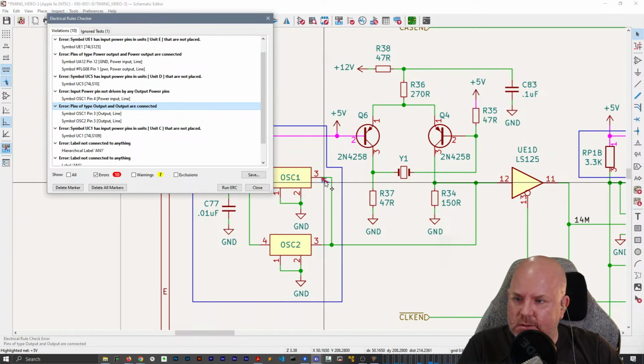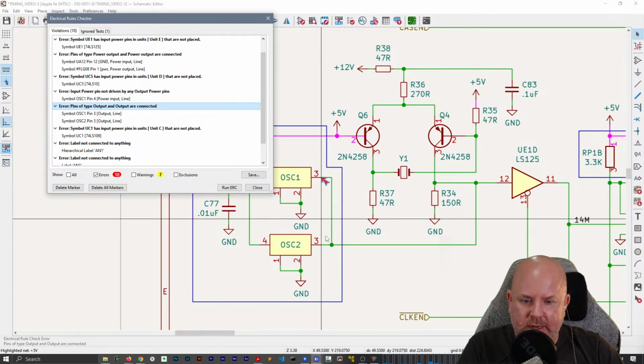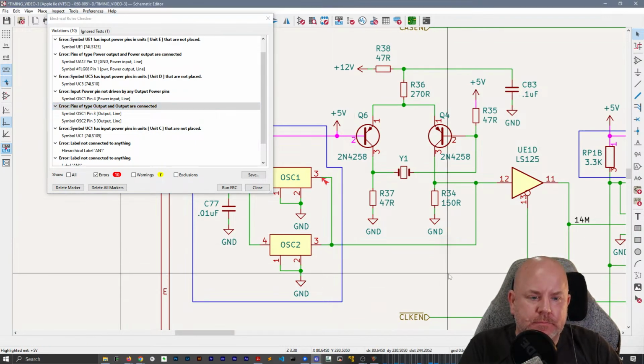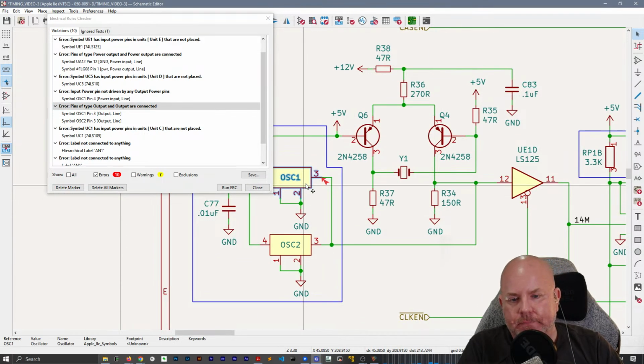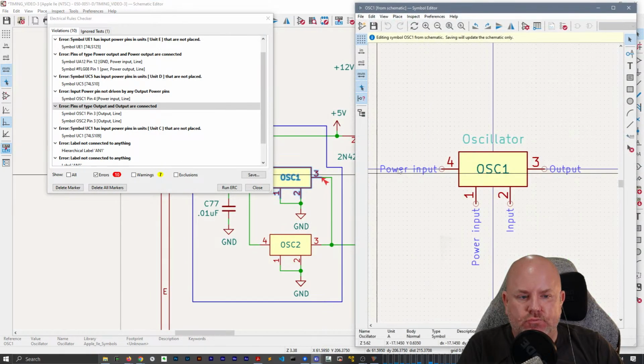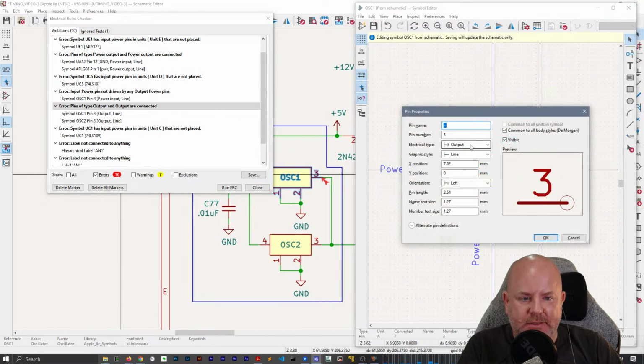So then what is this error? Output and output are connected. Yeah, okay. What do we do about that? Symbol. I'm going to make this passive.